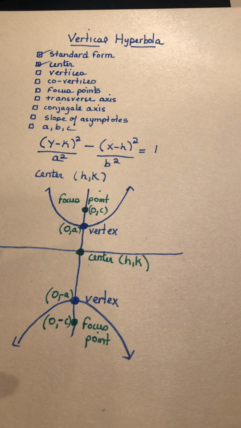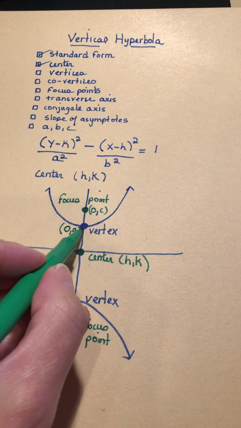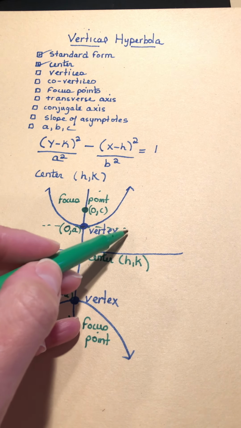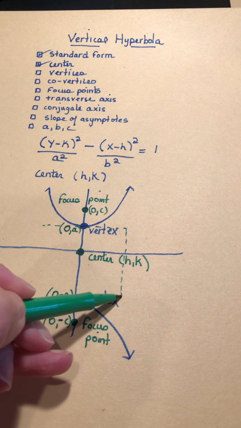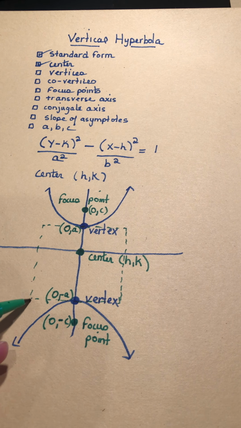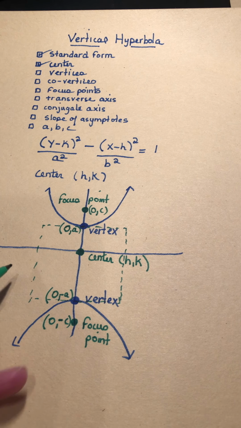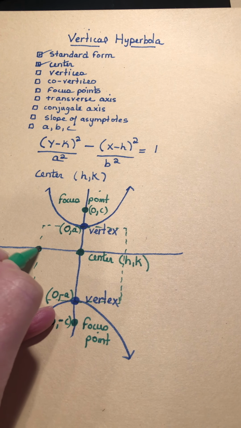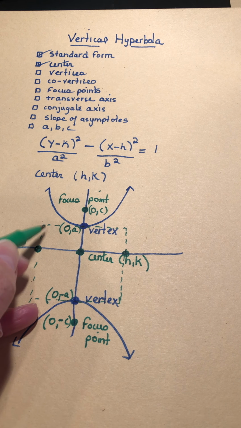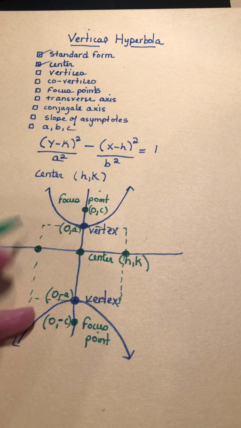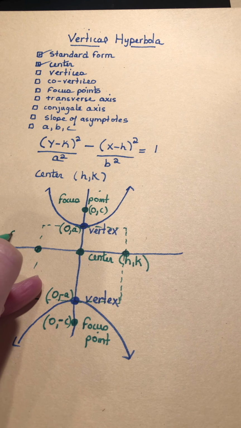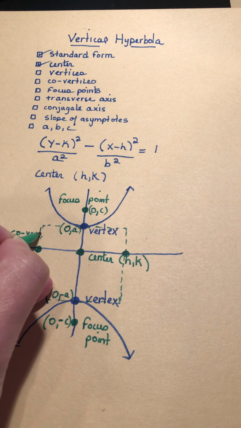And just like the other horizontal hyperbola, you can imagine there's this imaginary rectangle, so to speak, that I could draw here. And again, this is totally not drawn to scale. I kind of screwed this up. But nevertheless, these 2 points here, which would be like the midpoint of this side of the rectangle, these are going to be the co-vertices. So this is a co-vertex.